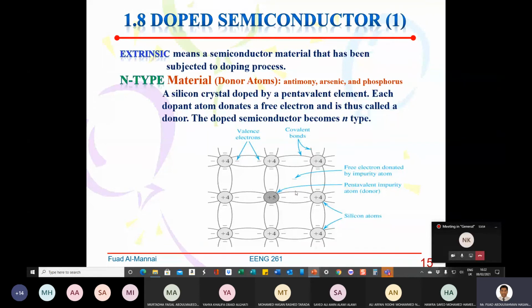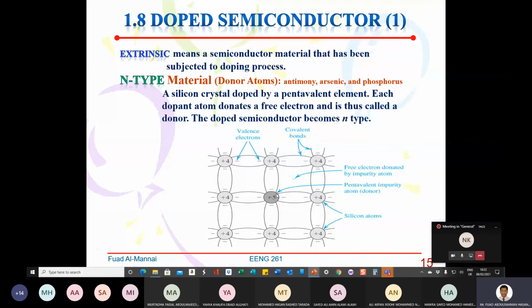Imagine we have billions of these floating around, and that's good for conducting electricity. We call this material, which is the phosphorus now, a donor atom. What do you call it? Donor atoms.